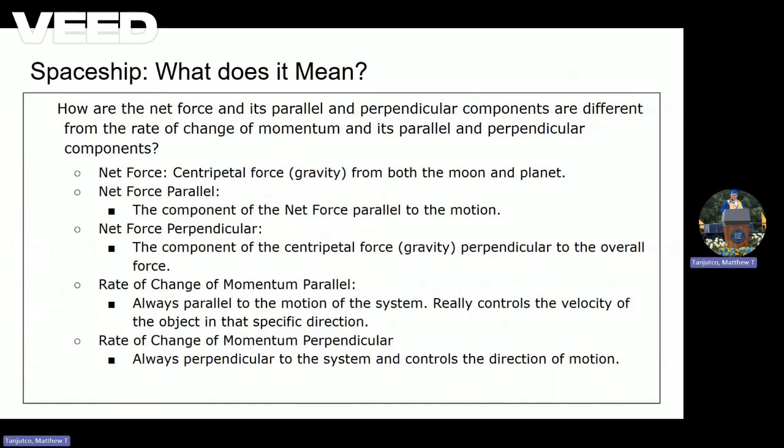Even though in the spaceship experiment the planet and the moon are acting on the spaceship with some gravitational force, the net force and the rate of change of momentum are describing similar things as in the black hole experiment, being that the net force is basically making the motion happen, while the rate of change of momentum describes the motion.